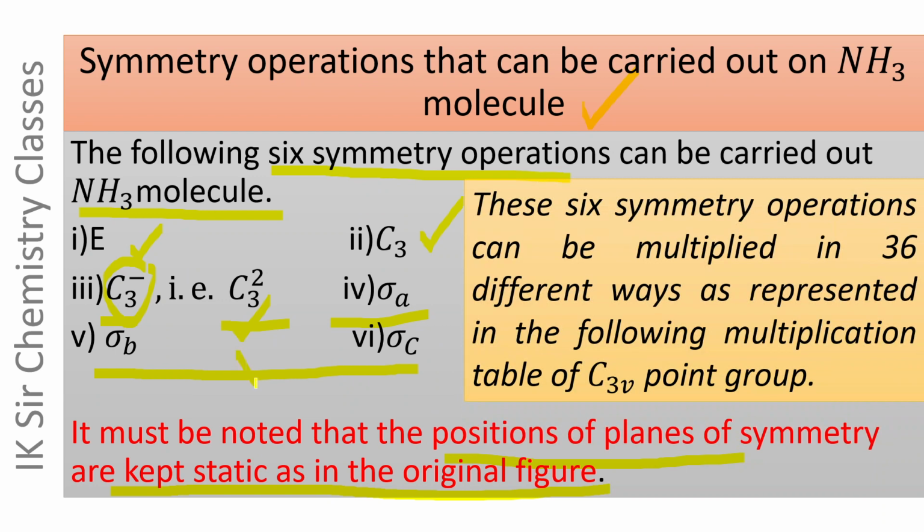These 6 symmetry operations of C3v point group can be multiplied in 36 different ways, as represented in the following multiplication table of C3v point group. The multiplication table of C3v point group is given on the next slide.